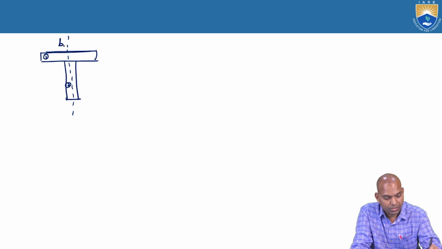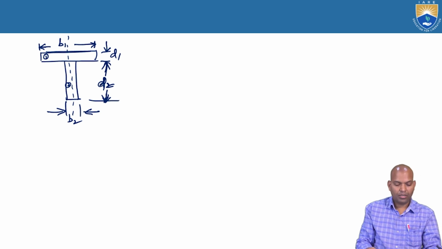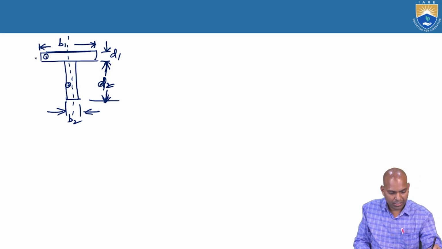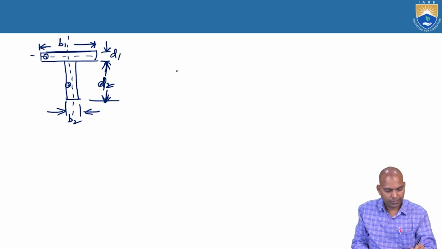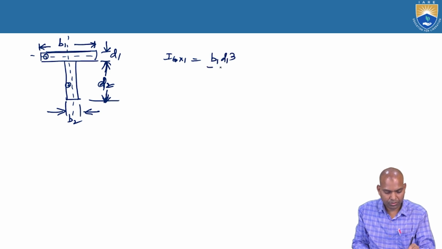Now the width of this is B1, and here it is D1, and B2, and here it is D2. Okay, now there are two sections. Whatever individual centroidal IG here, IGX1 equal to B1 D1 cube by 12.